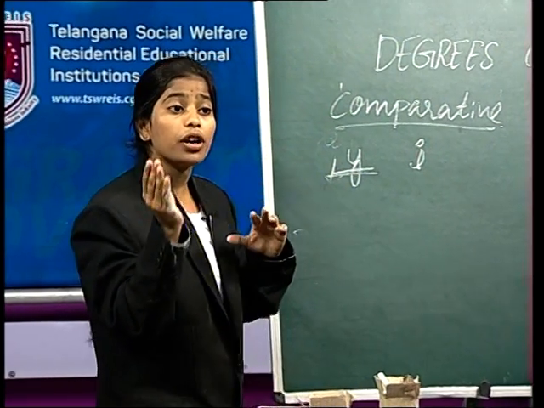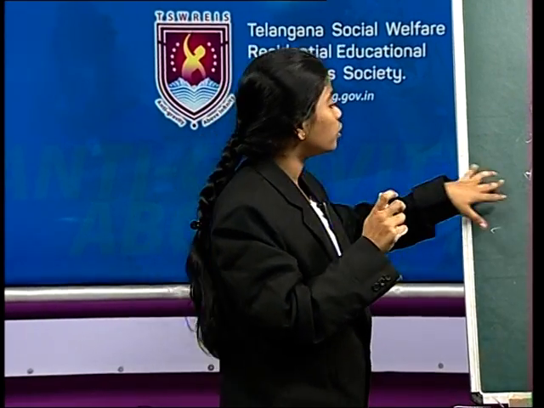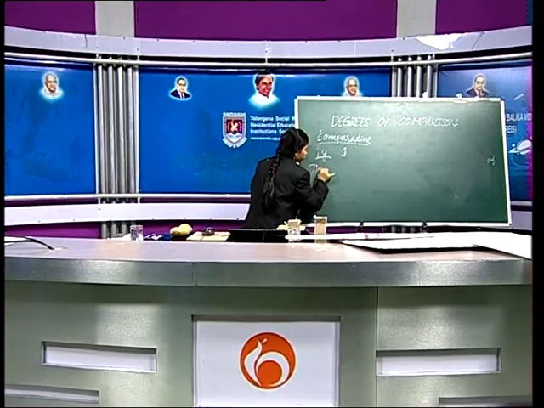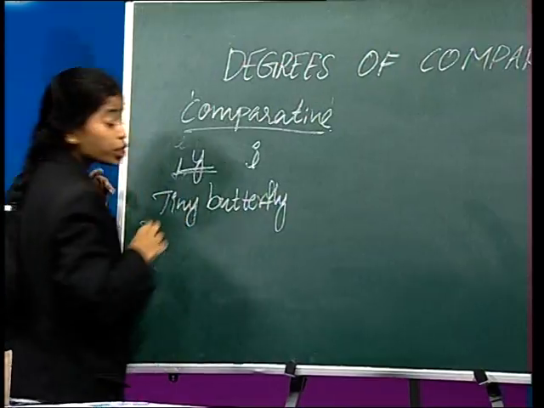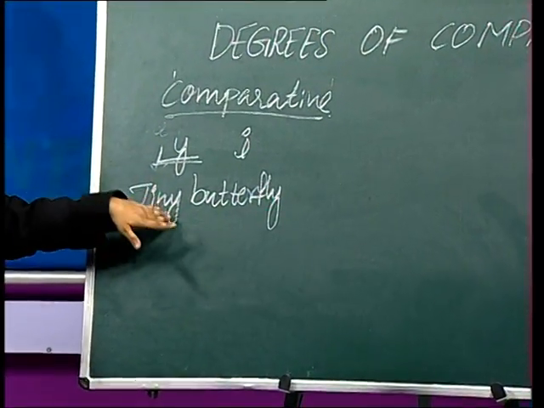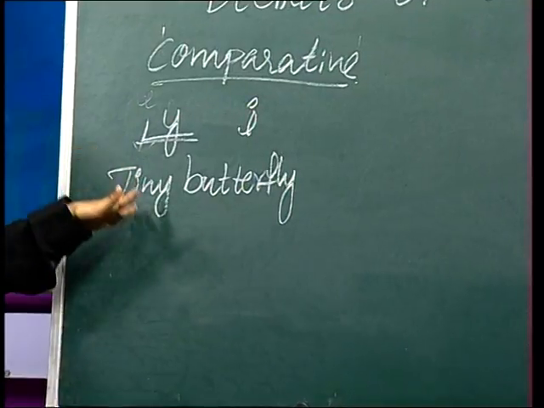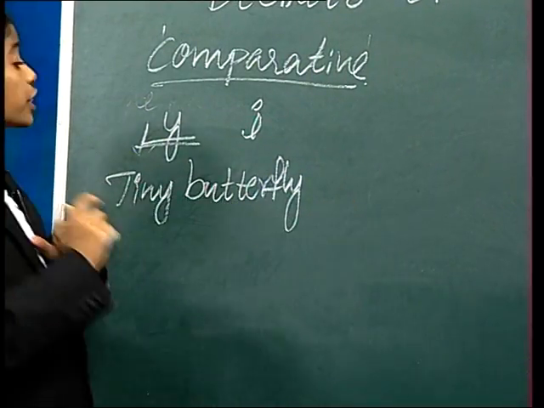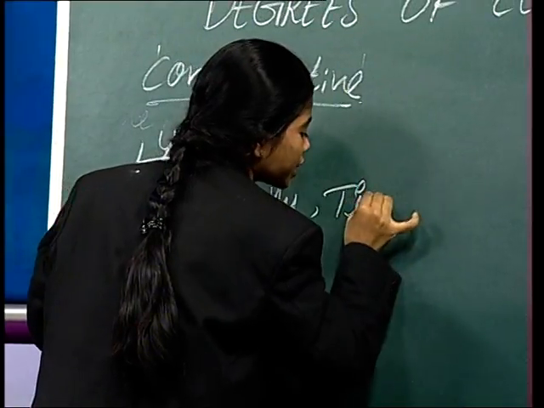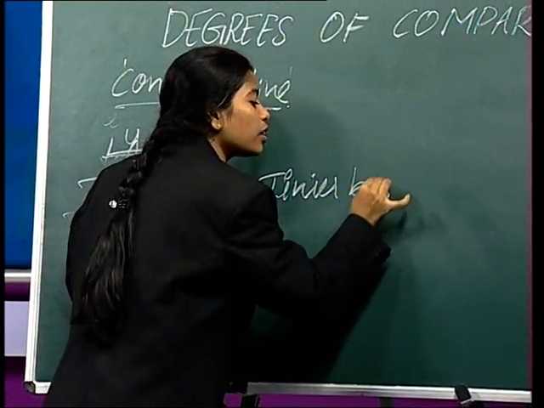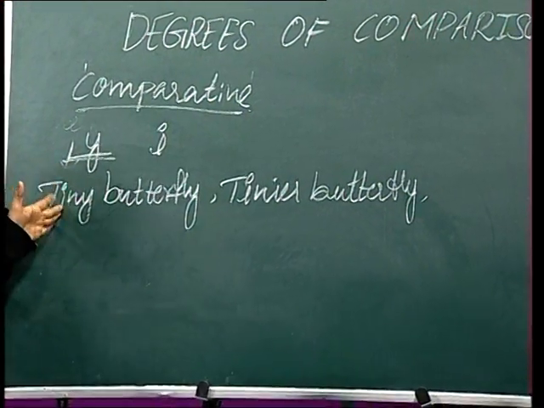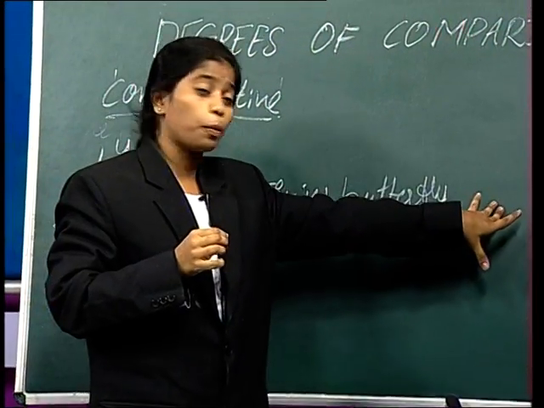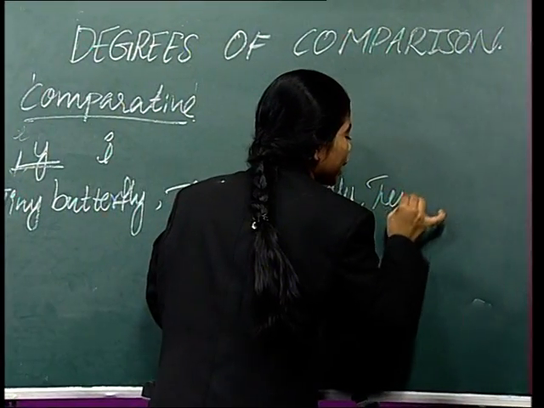First we have to take the example when the positive form of the adjective ends in Y. Tiny butterfly. So what we have discussed, friends, when the word ends in Y, the Y is changed into I. So let us have a glance at it. Tinier butterfly. And finally it becomes the superlative, tiniest butterfly.